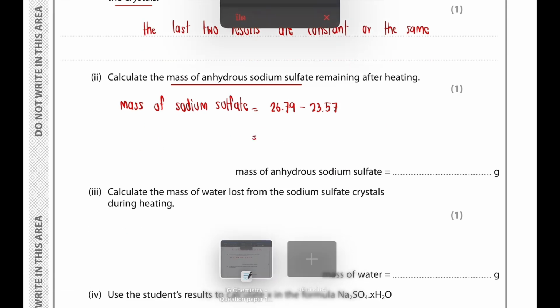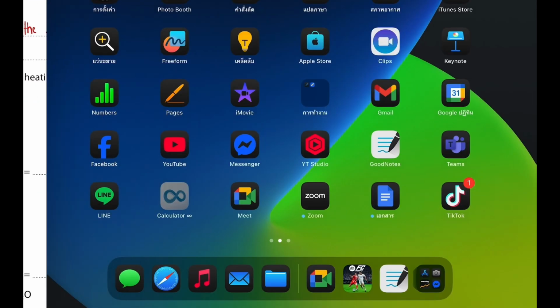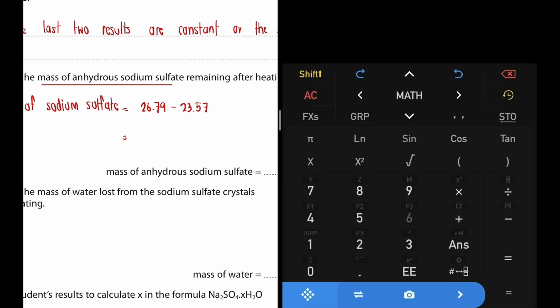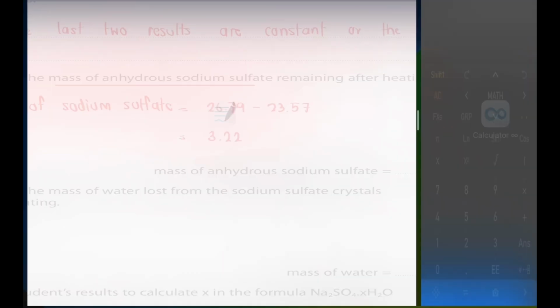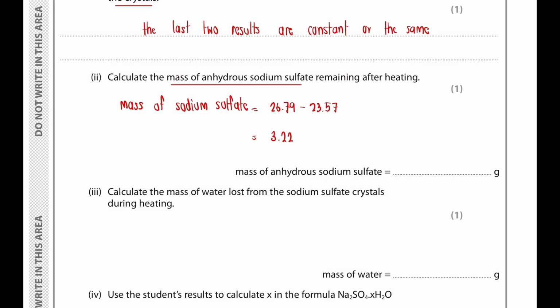Okay, so we will have 26.79 minus 23.57, which is equal to 3.22. I have to change this one a little bit, in fact, because it has some water here. It's not pure sodium sulfate.